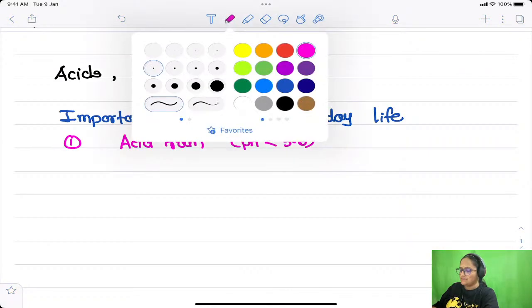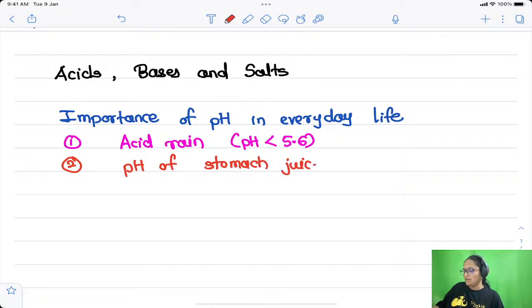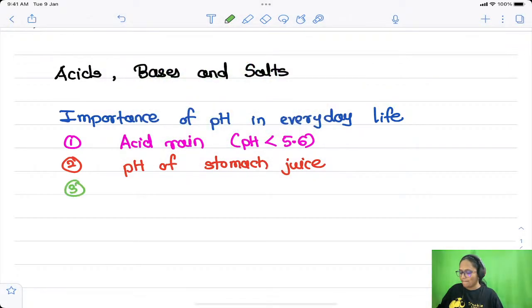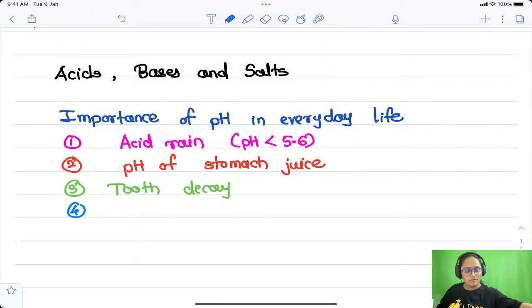Then second, we discussed the pH of stomach juice. Then third is pH in tooth decay. And then fourth, we discussed pH in leaves or some other things of animals, right?